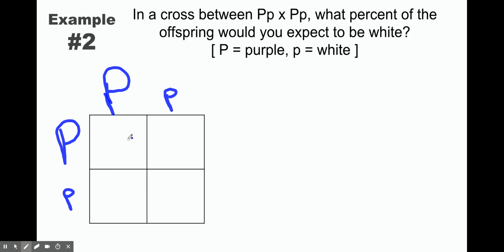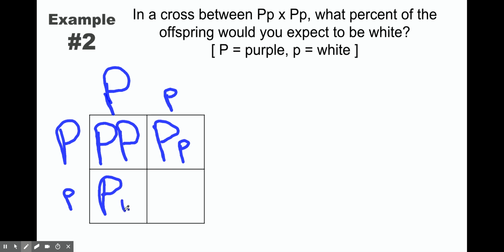If we look at the top left square first, we pull down a big P and we pull over a big P. In the top right square, we're going to pull down a little p and we're going to pull over a big P. Notice how I wrote my little p off to the side because I knew that I was going to be drawing a big P next to it. In the lower left, we've got a big P and a little p. And finally, we've got a little p and a little p.